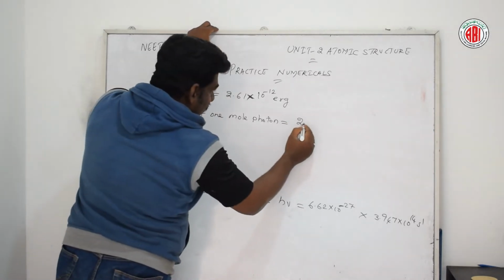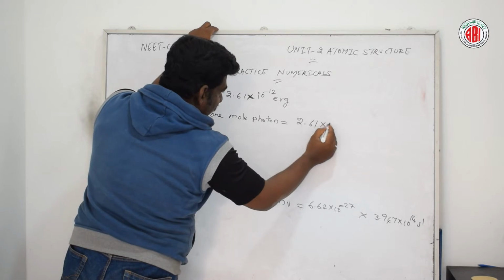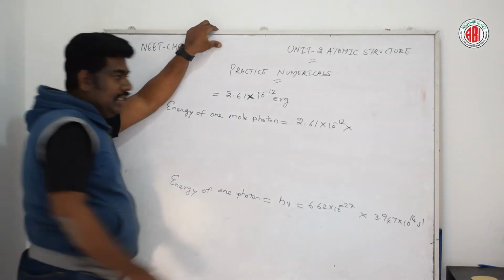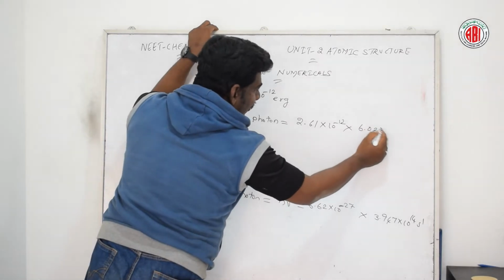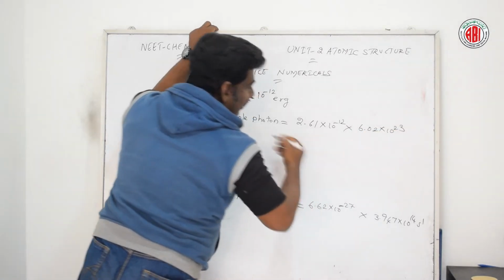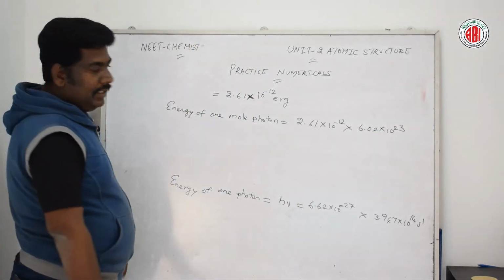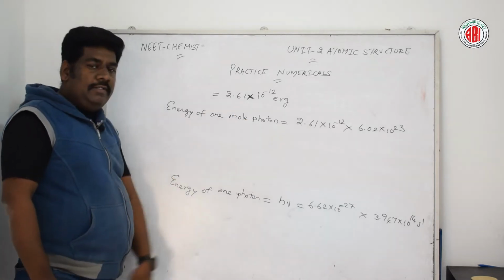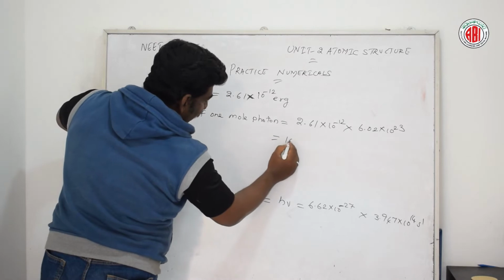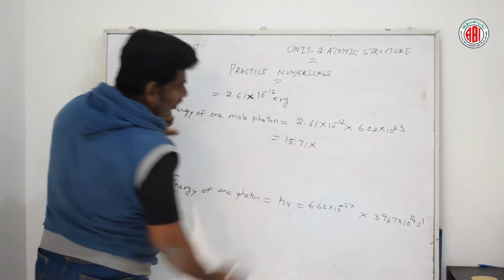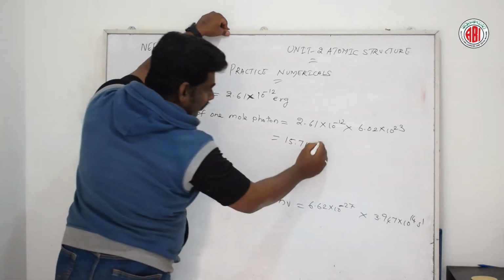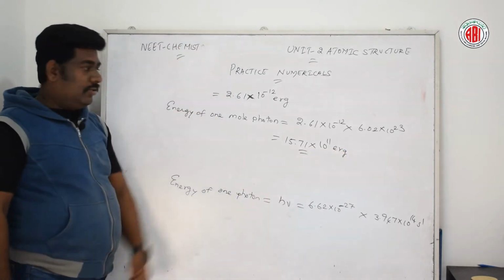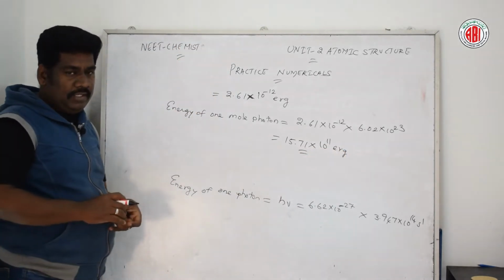That is 2.61 into 10 to the power of minus 12 into the Avogadro value, 6.02 into 10 to the power of 23. We should multiply these both. Multiplying that, we get the energy of 1 mole of photons, that is 15.71 into 10 to the power of 11 erg. So this is the energy of 1 mole of photons.